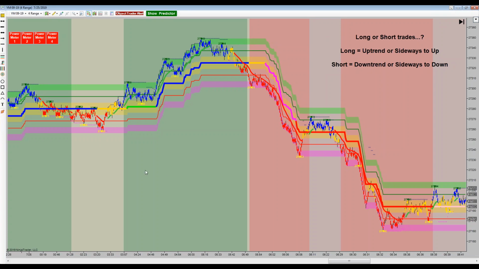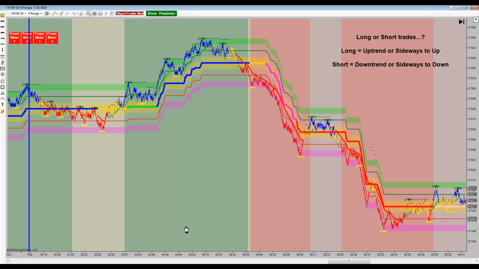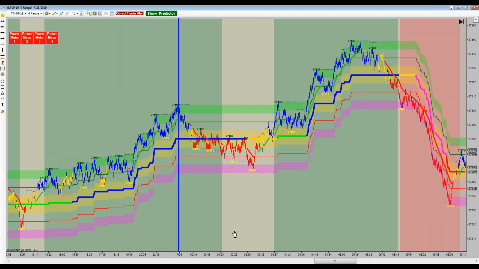Now, let's start here to the left. This is today. I'm here in California, so this is all going to be Pacific time. Midnight Pacific was right here on YM. This would have been the close of the market yesterday, 1 o'clock, 1:15.